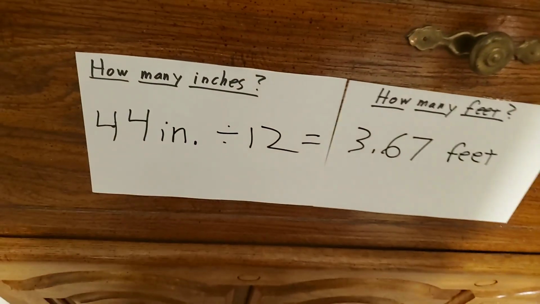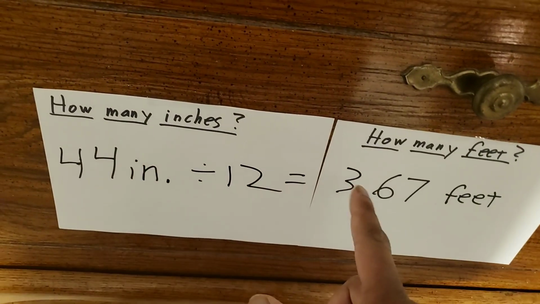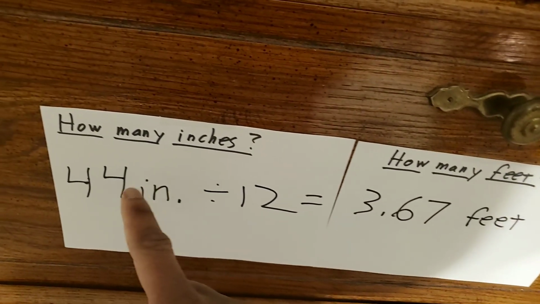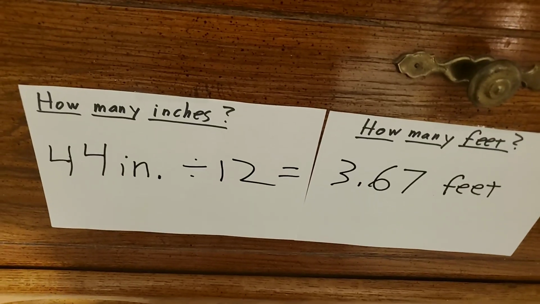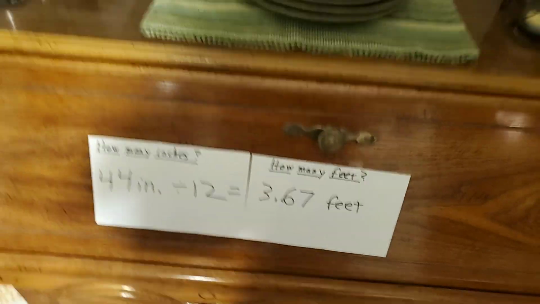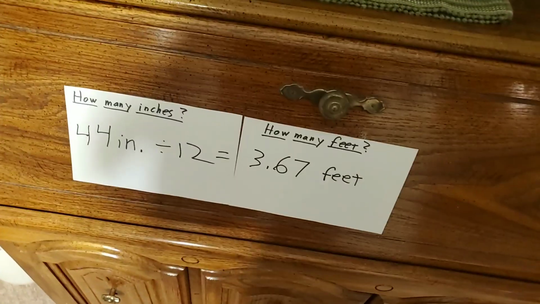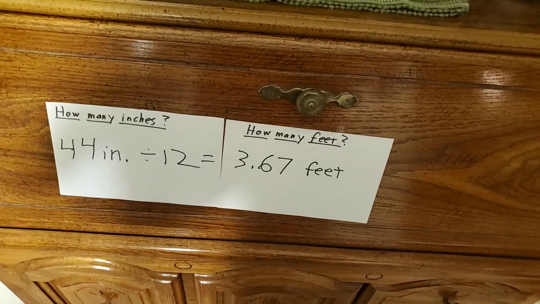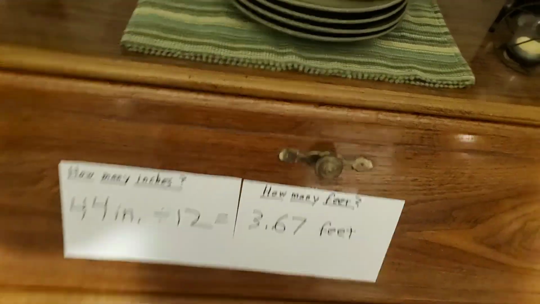You might see 3.666 on the calculator, so I'm going to round it off. 3.67 what? 3.67 feet. So there are two sizes for this armoire. I can say it's 44 inches long, or I could say it's 3.67 feet long.